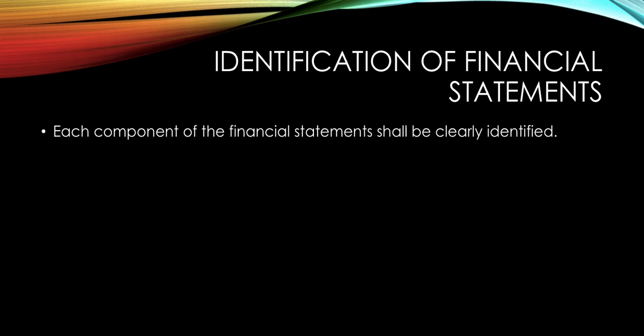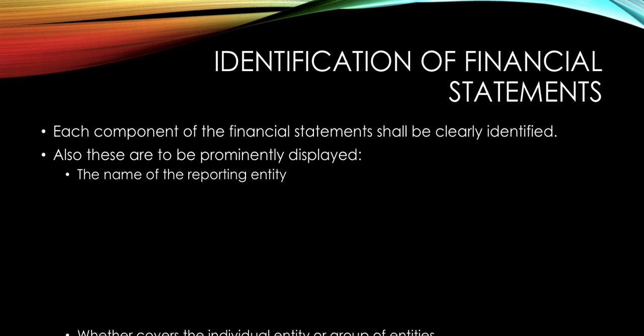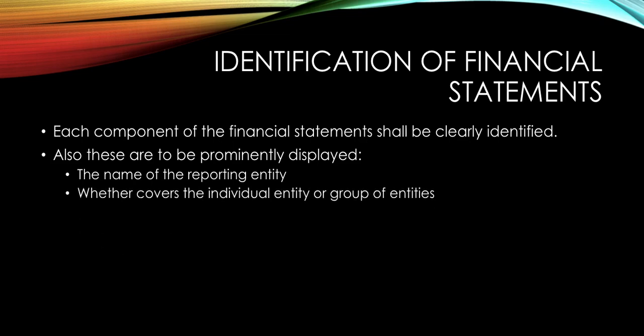Each component should be clearly identified. Also, the financial statements should prominently display the name of the reporting entity, whether it covers an individual entity or a group of entities, and the end of the reporting period covered. This goes in the header, which is important.